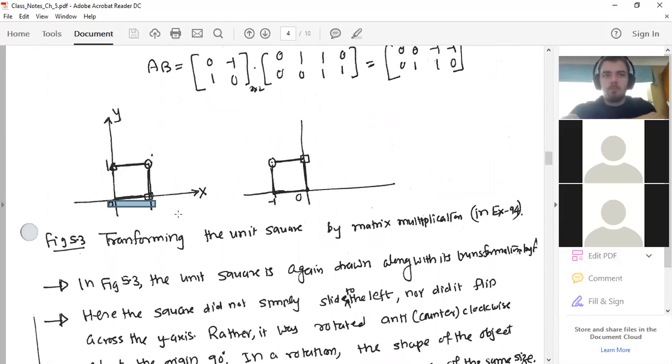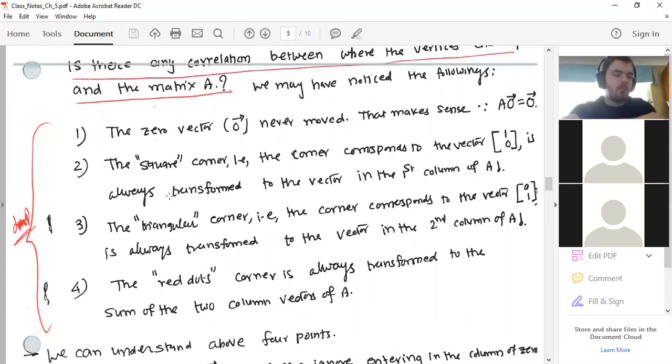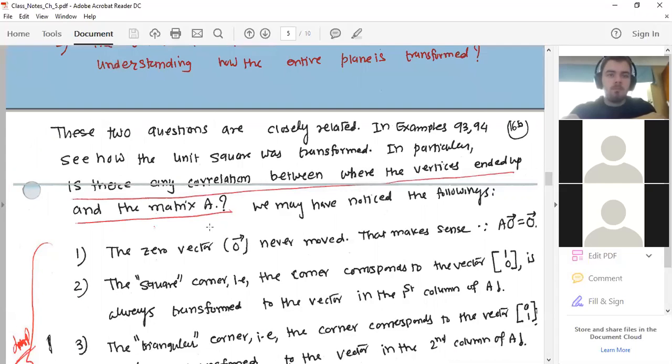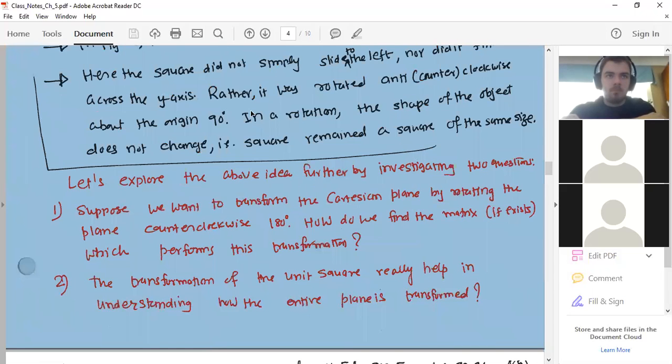So this is my triangle. This triangle is transformed to the second column of A. Look here, that was my second column. So this square is my first column of A, and this triangle is nothing but the second column of A.